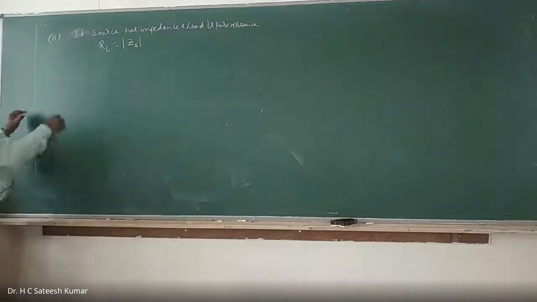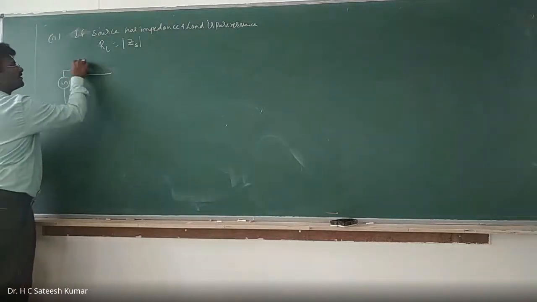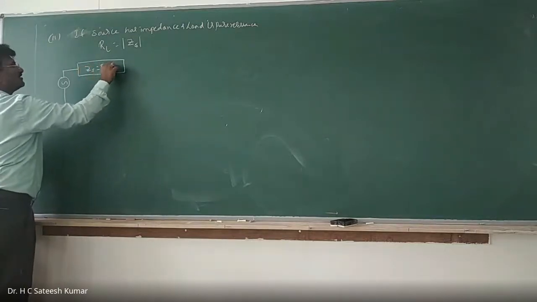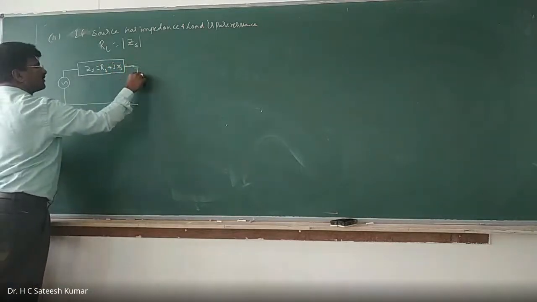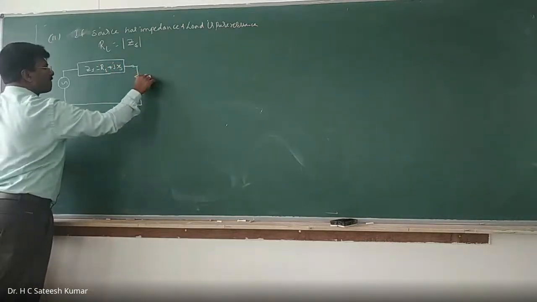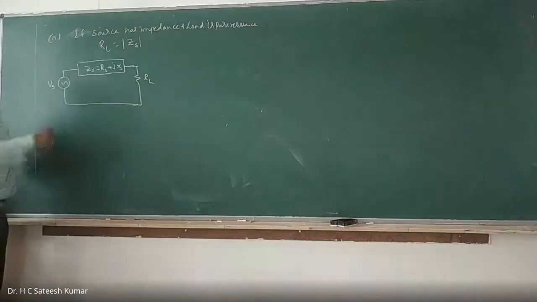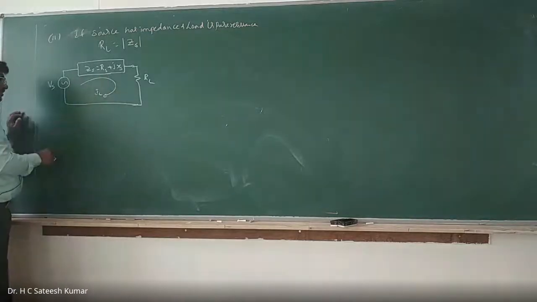Now let us consider one circuit diagram wherein the source has impedance ZS, which is equal to RS plus jXS, and the load has pure resistance RL, and Vs is the source. Okay, right. Now you find out IL. So what can we write?